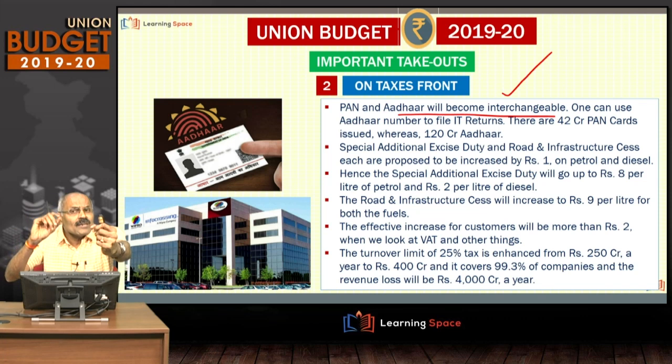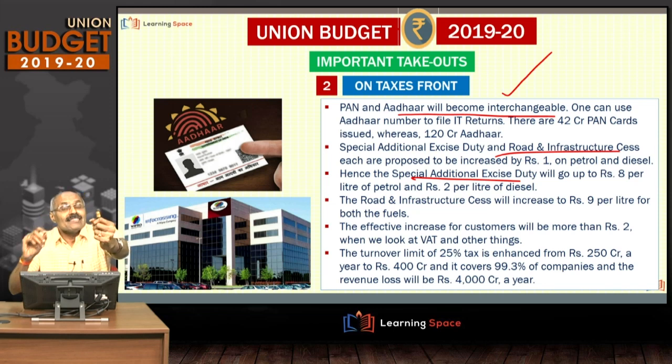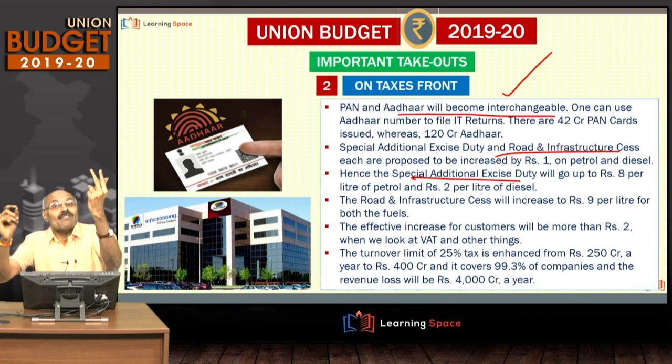Then the next important aspect is the special additional excise duty of rupee 1, and the second one is the road and infrastructure cess, that is also rupee 1. That means petrol and diesel are going to become costlier by rupees 2, plus state VAT will be there, because state value added taxes are based on the value.